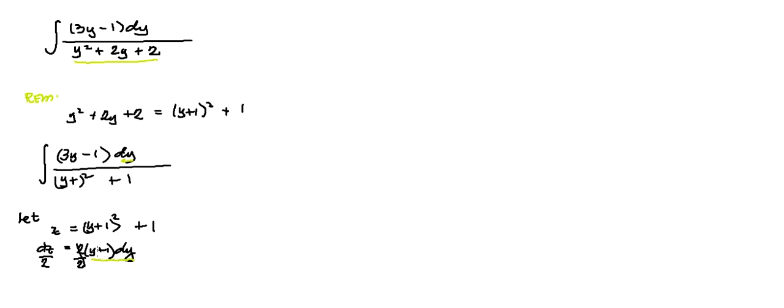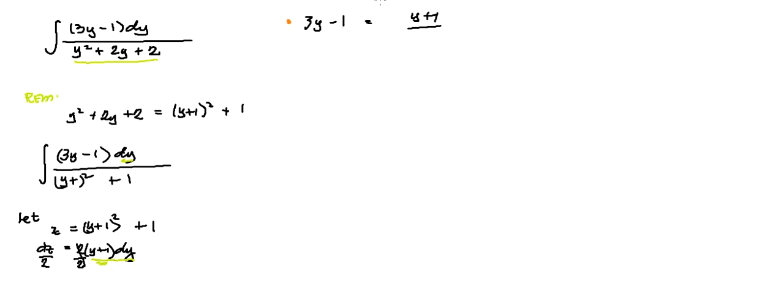But this time, let us try another solution by transforming our numerator to have (y plus 1) dy. So all we need to do is to transform 3y minus 1 into something that has y plus 1 in order for us to use this later, right?